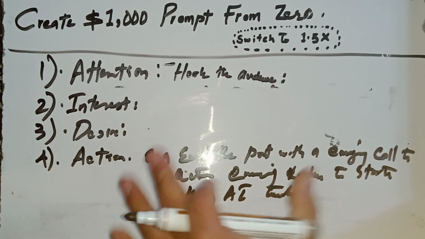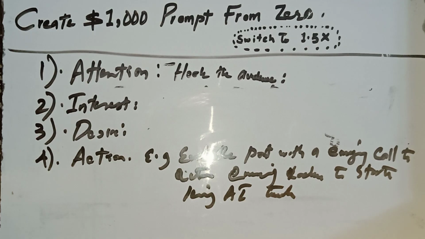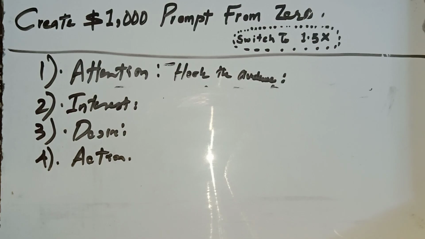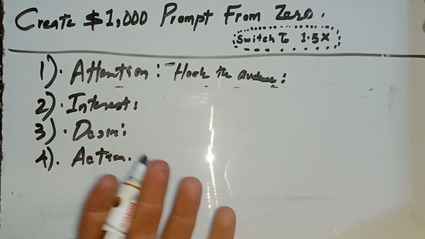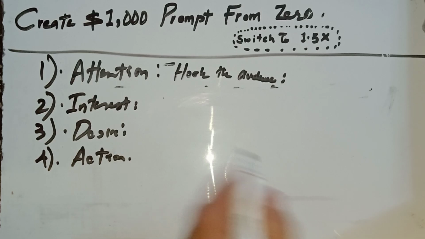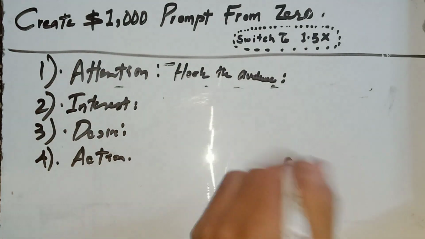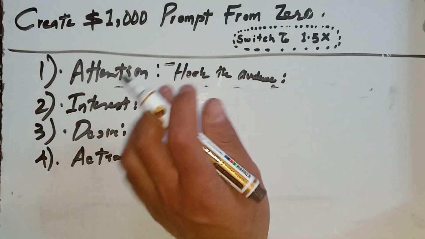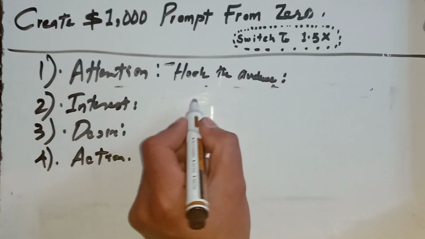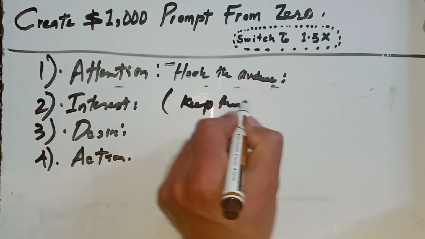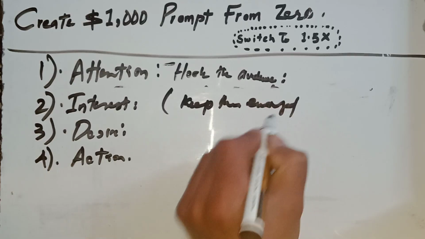By adding this part to the framework, you put the last nail in the prompt, which can give the best out of AI for your result. So that's all for the four parts of this framework. As I said, attention is used to hook the audience, and interest is used to keep them engaged.